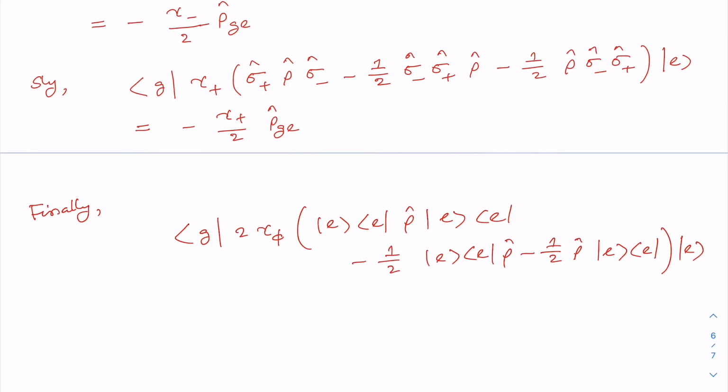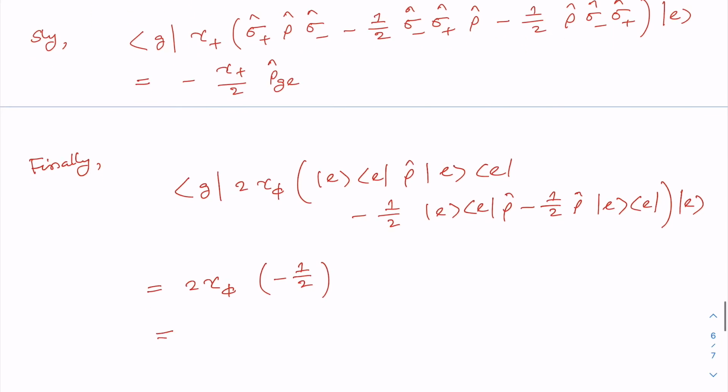So this is very simple. As you can see, you will have 2 gamma phi, and from the rest of the terms you will simply get minus half. So here you will have it also, I think, yeah, you will have rho ze. So you have minus gamma phi rho ze.